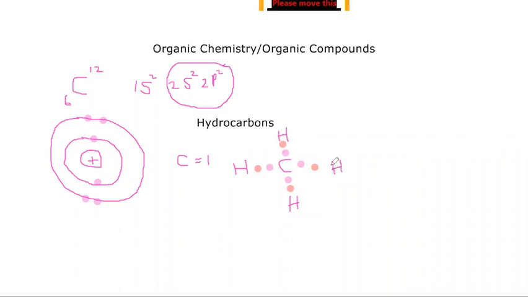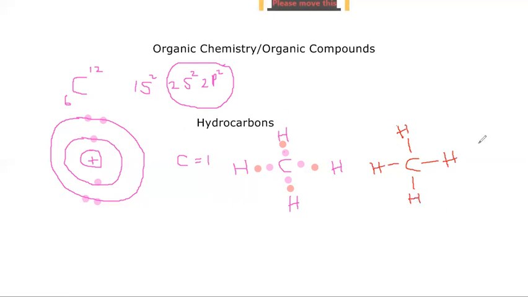With the sharing of electrons, this molecule will form four covalent bonds, and you can draw a structure like this. That means you can place the solid lines, and this is the carbon, hydrogen, and this one is the last one, hydrogen.